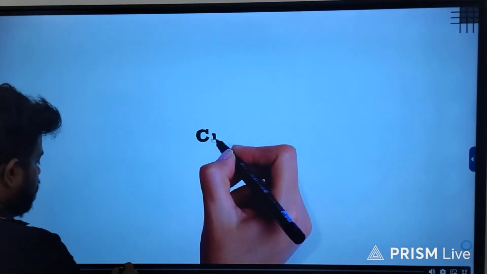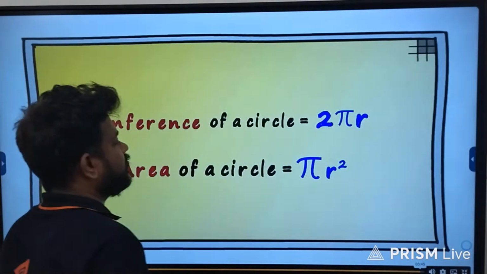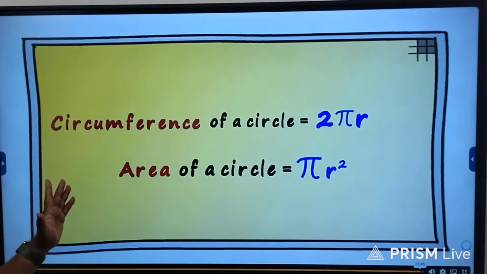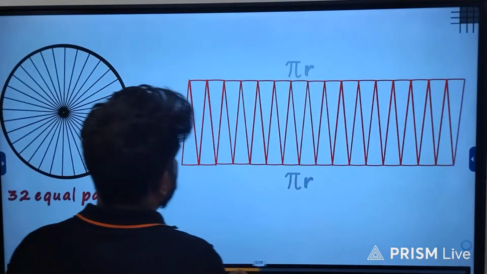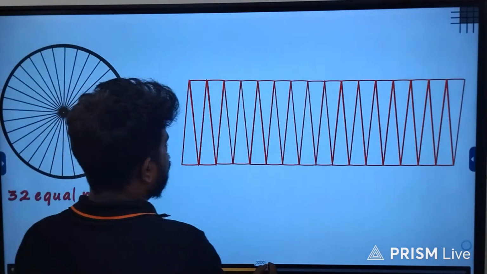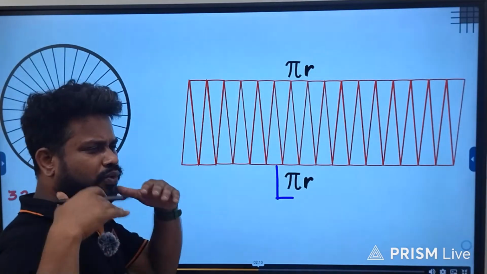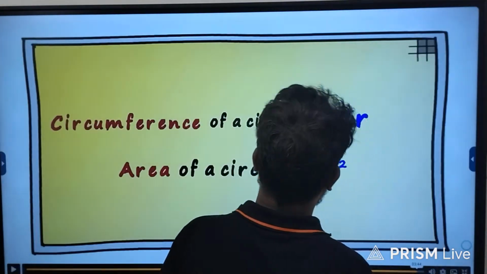So this was the discussion of how we have got the circumference of the circle as 2 pi r and the area of the circle as pi r square, and they have discussed it by giving an example of pokes. We don't need to go deeper into it, just try to remember the formulas of these two.